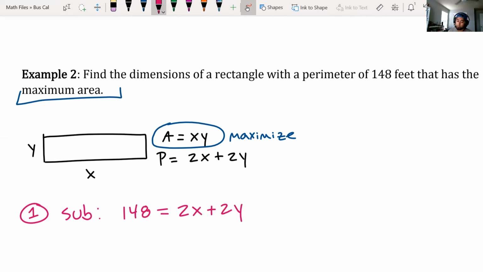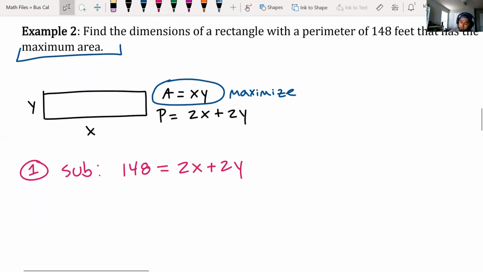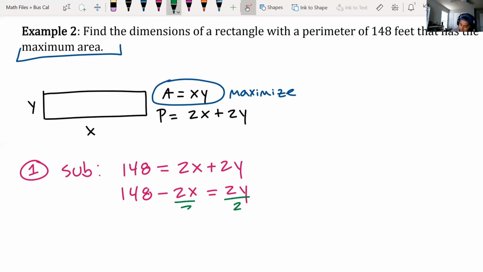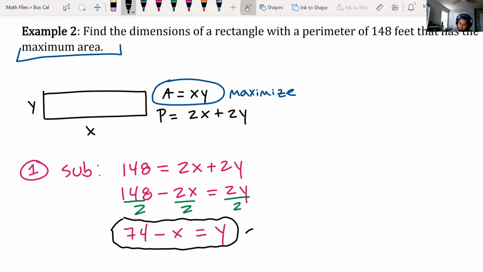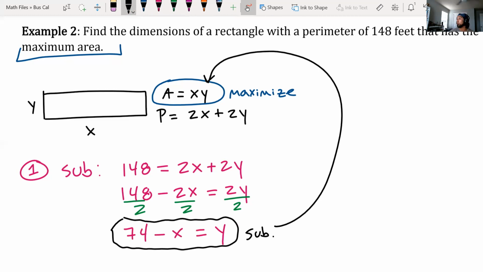We're going to solve this equation for y, which means move that 2x over. 148 minus 2x equals 2y. Then divide everything by 2, and we will get 74 minus x equal to y. Here is our sub, which we're going to plug in for that y into the area.